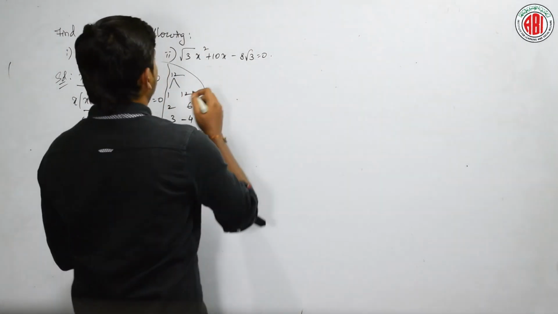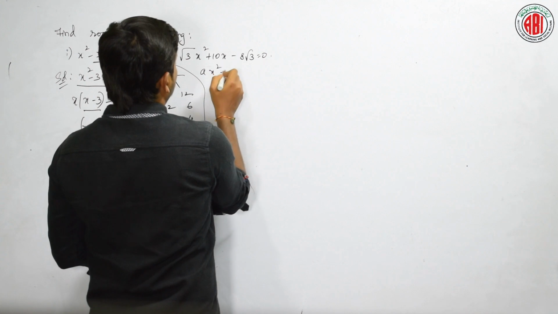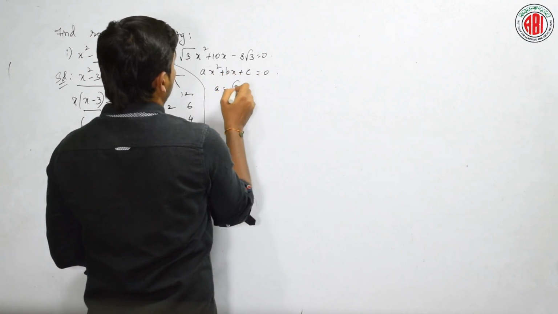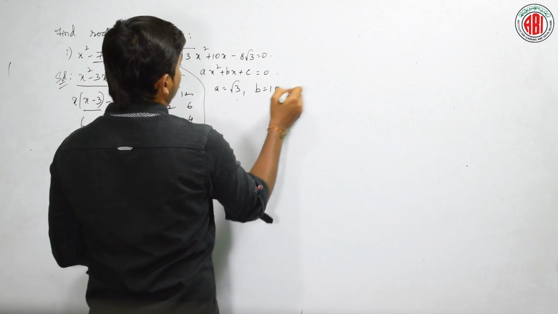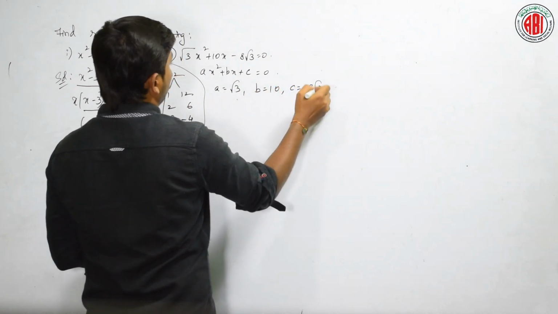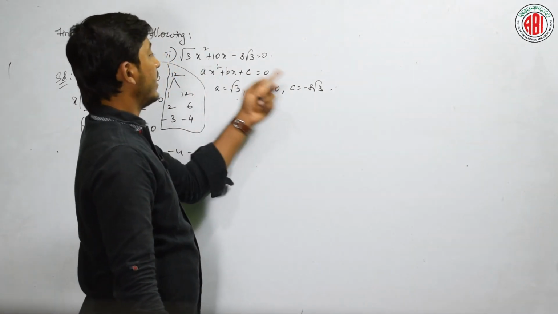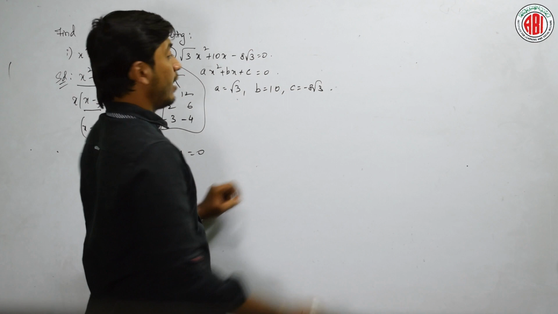First, let us compare it with ax square plus bx plus c equal to 0. What is a? Root 3. What is b? 10. What is c? Minus 8 root 3. Okay. A, b and c. What is the formula?